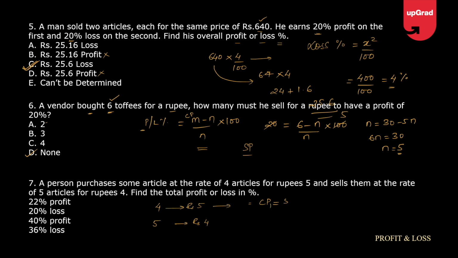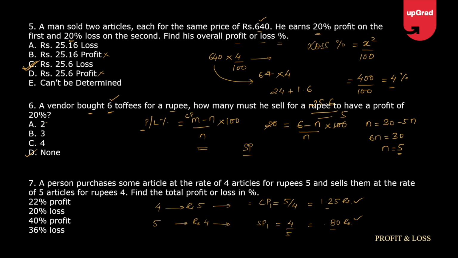So cost price for one article would be 5 by 4, and that's nothing but 1.25 rupees per article. This transaction is going to give me the selling price. Selling price for one article would be 4 by 5, which is nothing but 0.80 rupees. So I know the selling prices and cost prices. Now it's a very simple way to calculate. Now it clearly says that selling price is less than cost price.